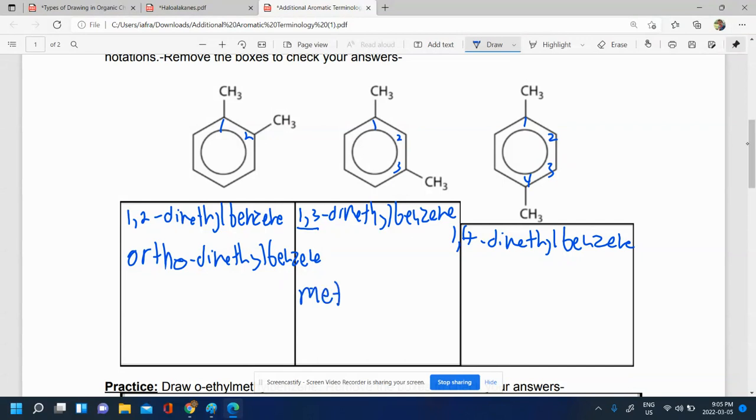So meta or M dimethylbenzene. And then here they're opposite of each other on opposite sides of the benzene ring, so that's para or P. So para dimethylbenzene.